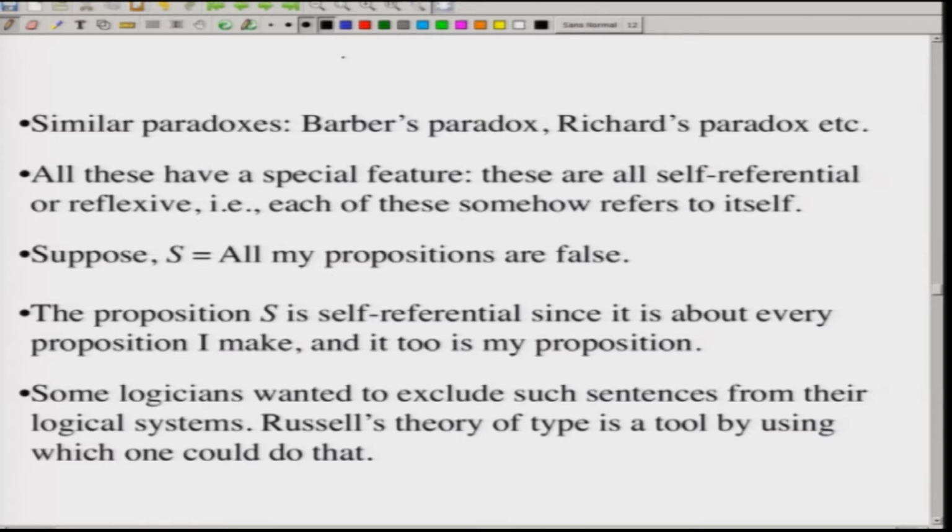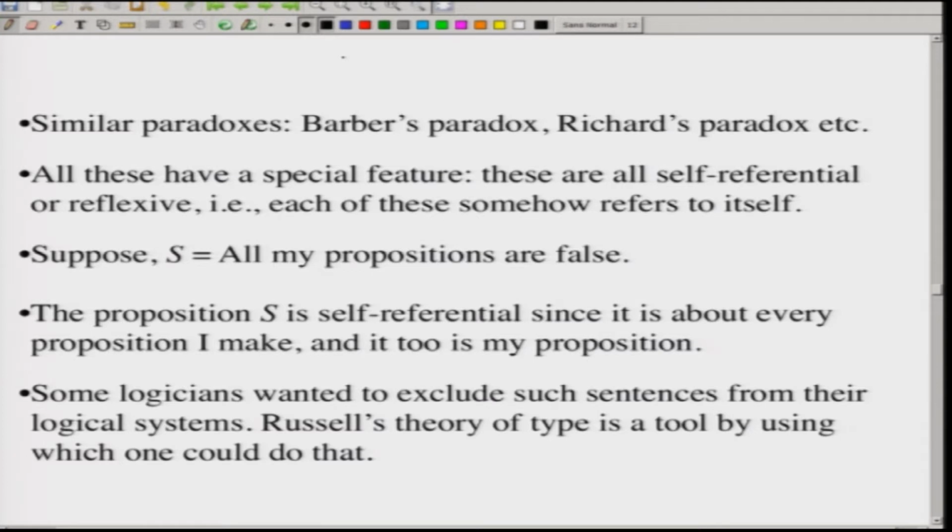There were many other paradoxes like the liar's paradox, like the barber's paradox, Richard's paradox, and so many others. We need to first study these paradoxes in order to understand this. They have a very special feature: these are all self-referential or reflexive, which means that each of them somehow refers to itself.